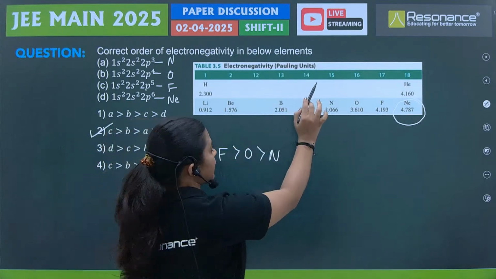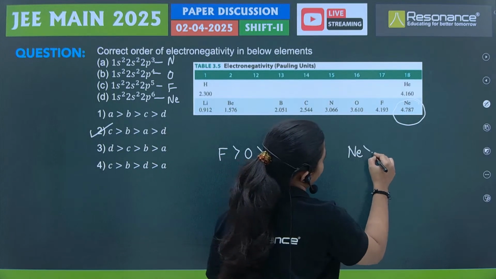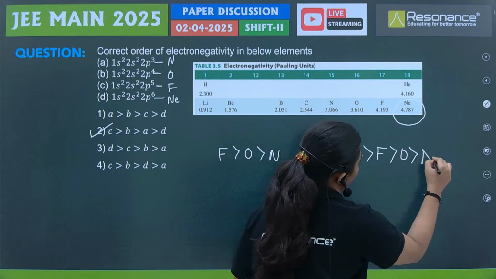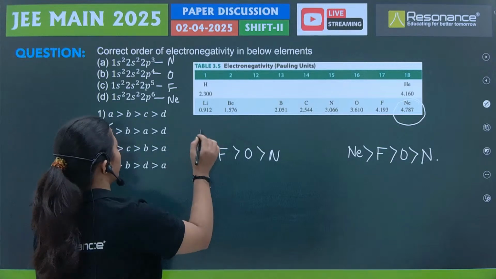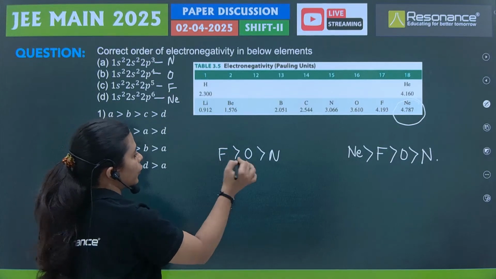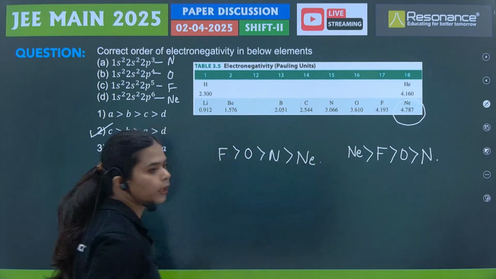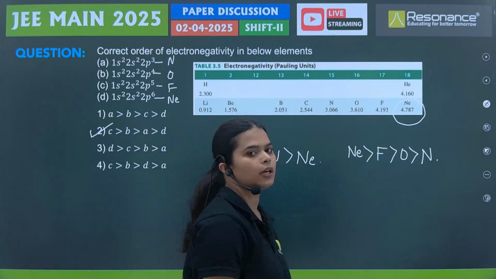According to this data, neon's electronegativity should be greater than fluorine, then oxygen and then nitrogen. From the PYQs asked before, fluorine is maximum, then oxygen, then nitrogen and then neon. But if we see the Pauling scale, this one is going to be the answer.